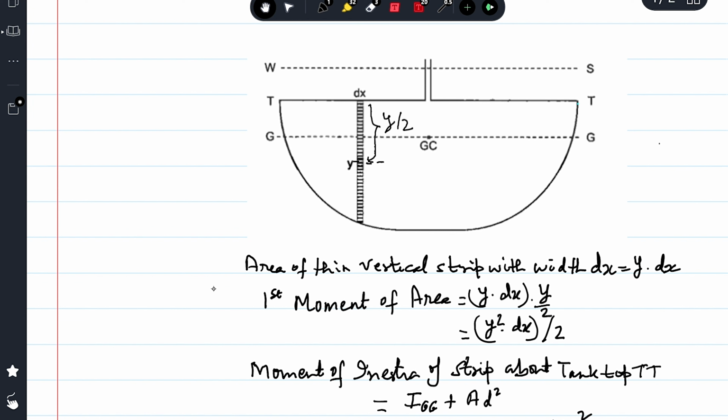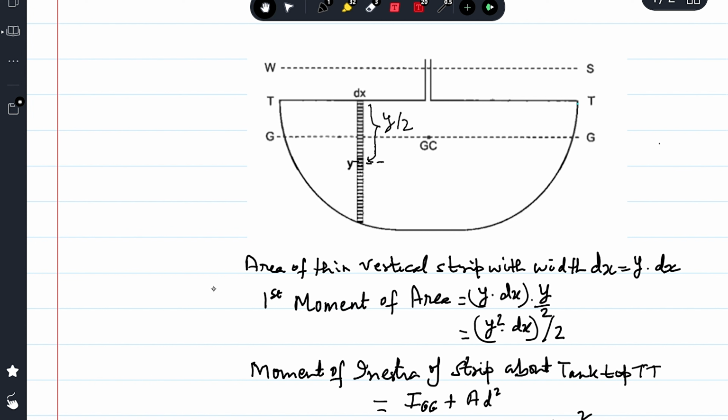What will be the first moment of this area? The first moment of the area about tank top will be the area of the strip multiplied by the distance of its centroid from tank top. When we are taking moments, the levers are always from the centroid to the axis about which we are taking the moments. So we are taking moments about tank top.